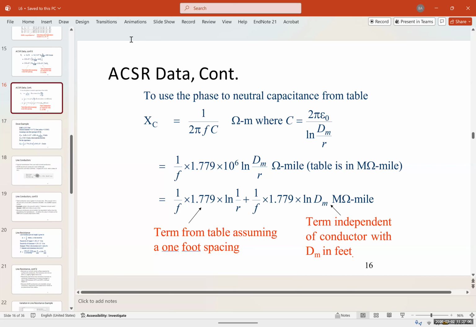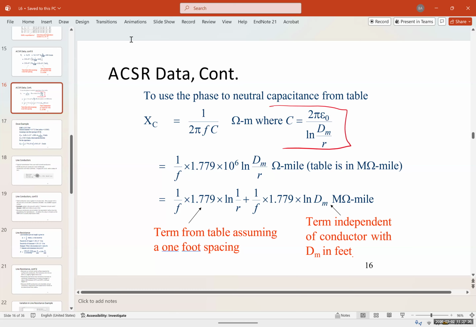So to use the phase to neutral capacitance from the table, we use the equation that we had, 2 pi epsilon 0 over ln of Dm over r. By the way, this is going to be equal to 1 over f times 1.779 times 10 to the power of 6 times ln of Dm over r.